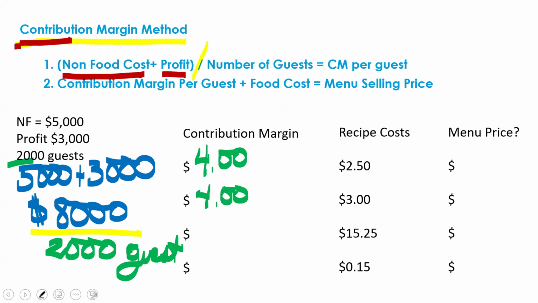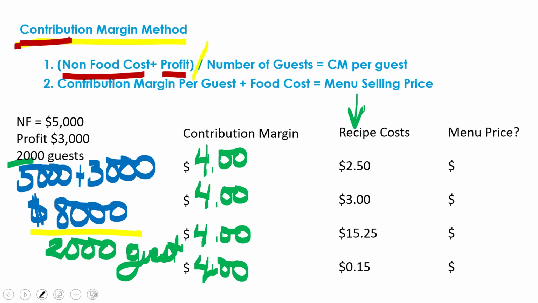So we just add that to each one of our costs, right? So this $4 is our non-food cost and our profit, and this is our food cost. That way we have all of our categories covered. Non-food and profit, food cost.